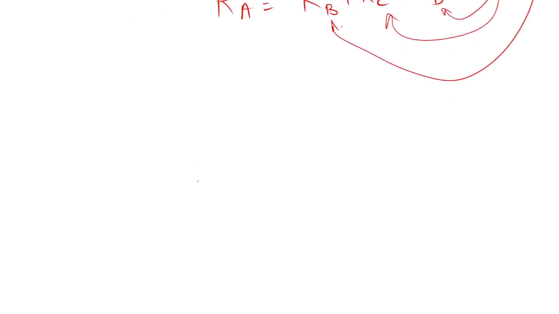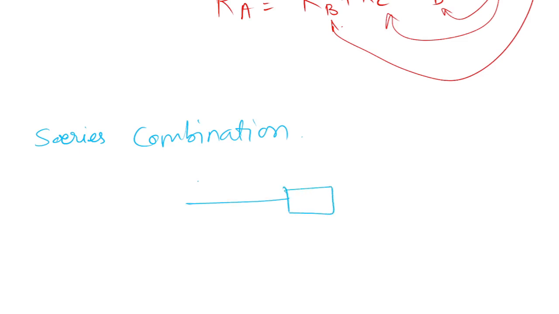So let us come to a numerical, and let's say a simple numerical is for series combination, something like this: resistor 1, resistor 2, and the other resistor 3.